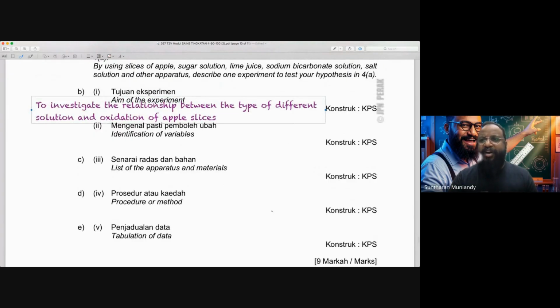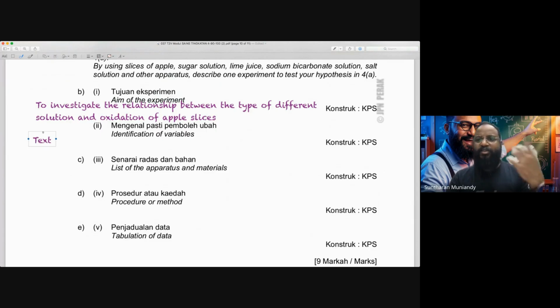For the aim of the experiment, 1 mark. Procedure, you will have 4 marks. Manipulated variables, you got 2 marks. Let's look at the variables.